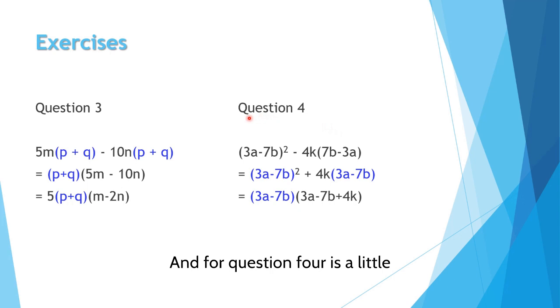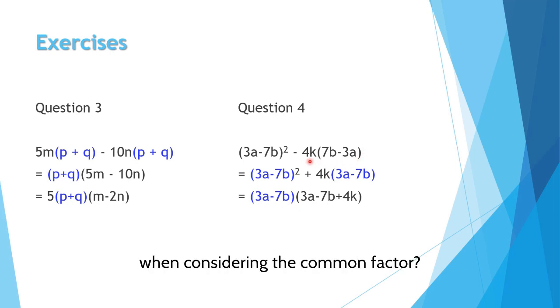And question 4 is a little bit complicated, but not really so hard. There are 2 brackets which are similar, but one bracket has an index 2, another only has an index 1. So what should we do?